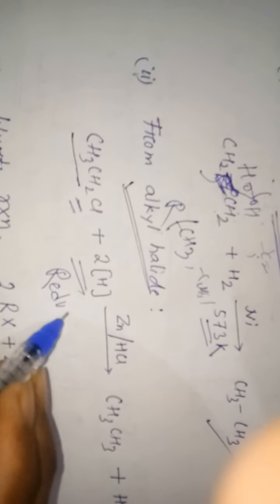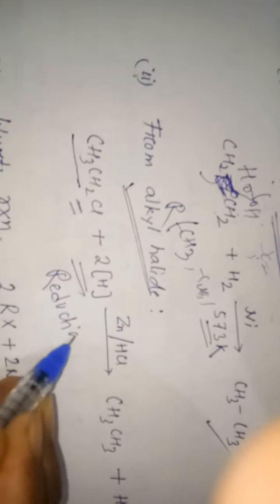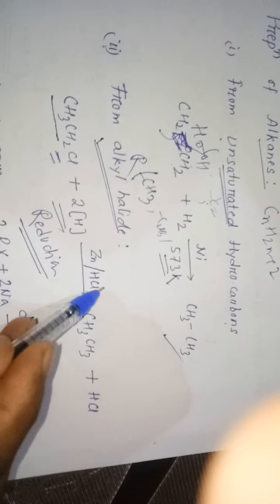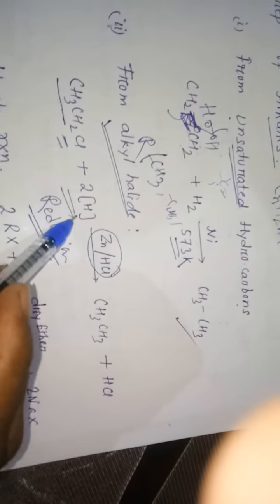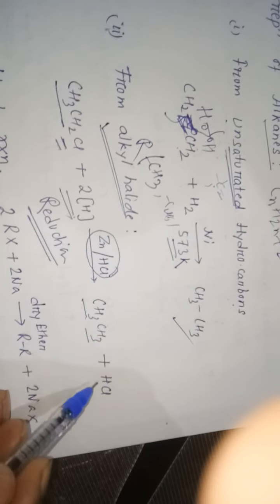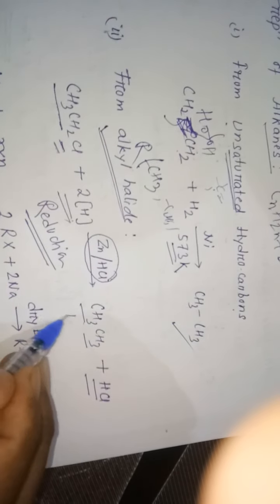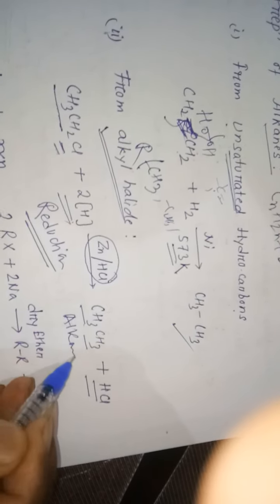The addition of hydrogen is called reduction. In the presence of zinc and HCl, that one reacts with this one, forming CH4 plus HCl. So this is how the alkane is formed. You can say that one hydrogen replaces one chlorine atom.